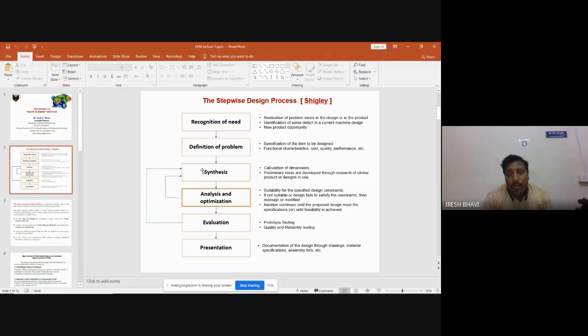But later, after the invention of the computer, you know that a computer can do a lot of repeated operations. So due to that, whatever may be the order of the matrices, it can easily solve. By manually, how much you can solve?